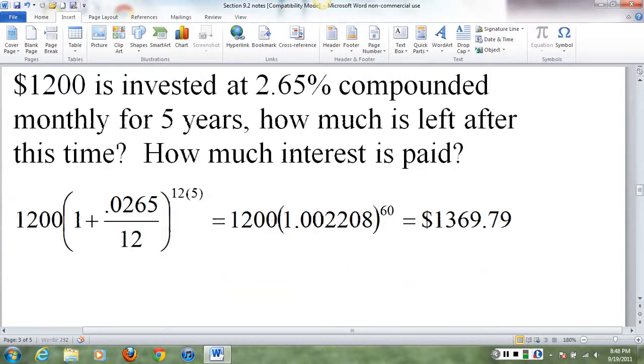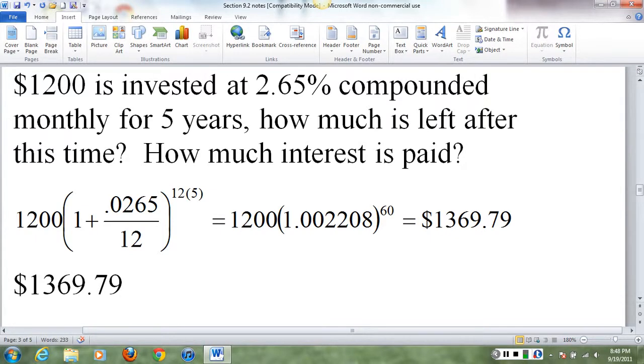Now the next question, how much interest is paid? Remember, interest, of course, is what's paid beyond the initial amount. So this formula that we use, because it has a plus 1, includes the initial $1,200. So to find that interest, we'll take whatever our final amount is. Now this is an estimation, and you can see how many decimal points I went out. I'd say a good estimate would be about 4 or 5 decimal places.